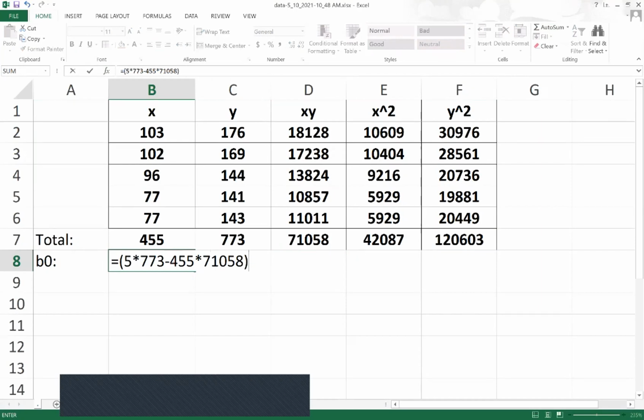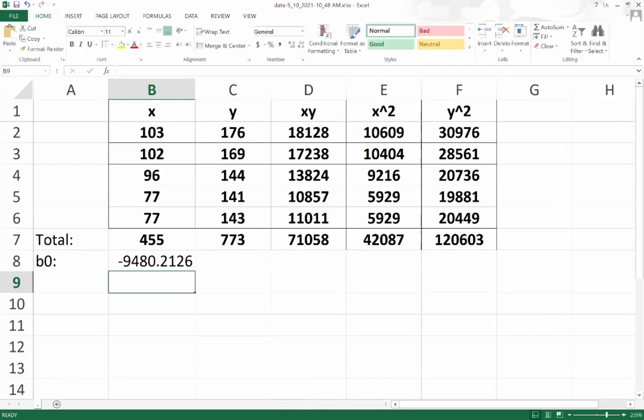Now take the numerator and divide by sample size 5 times total of X squared, 42087, minus summation X, 455 squared. And we get B0.